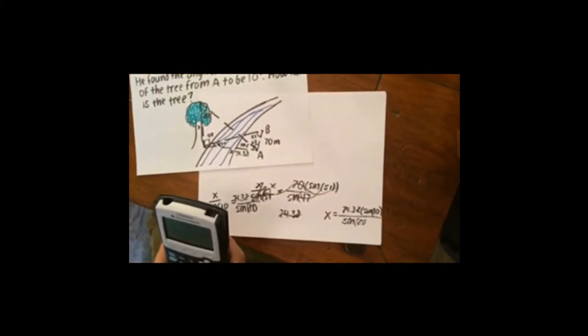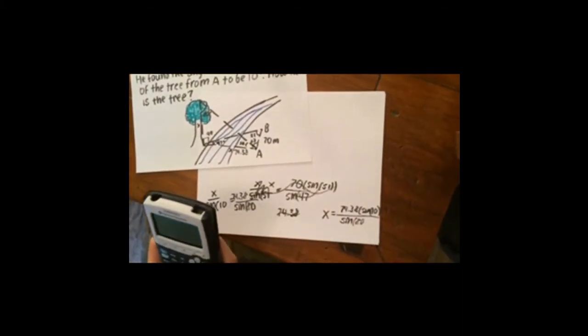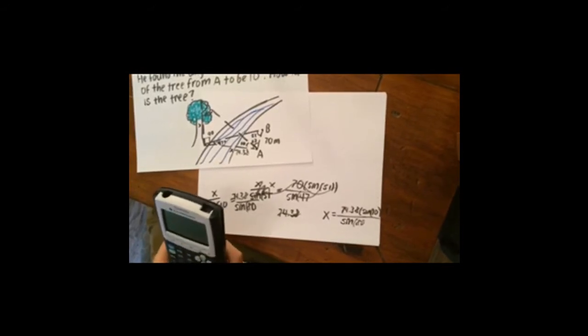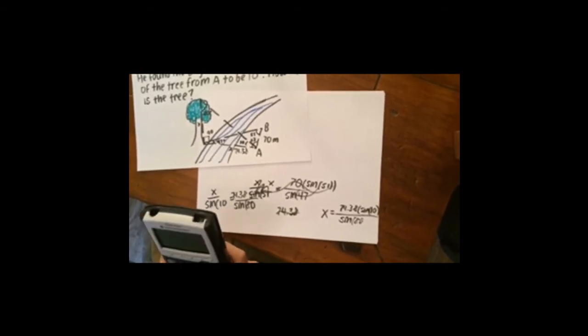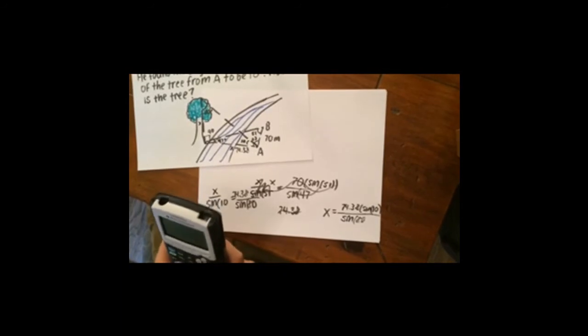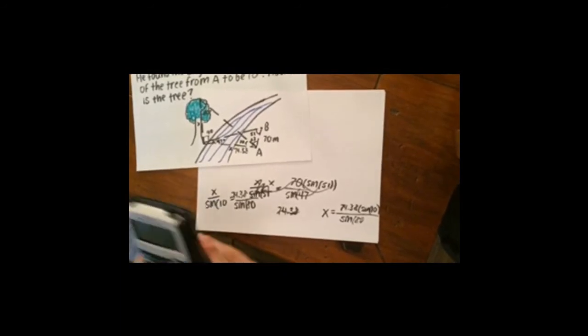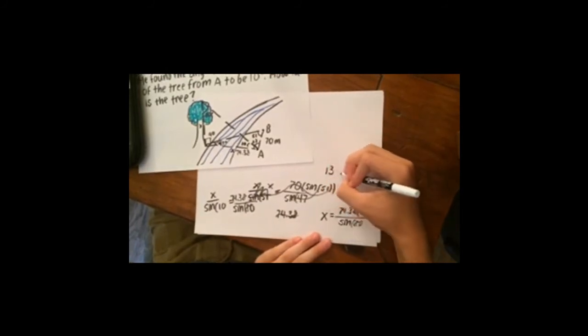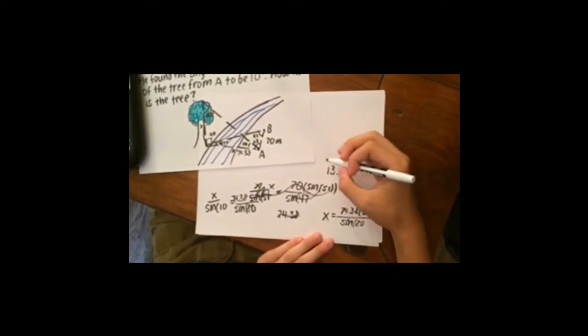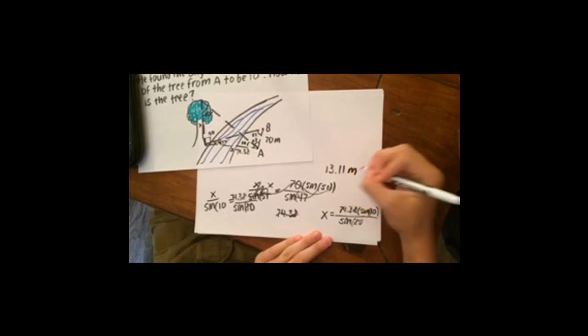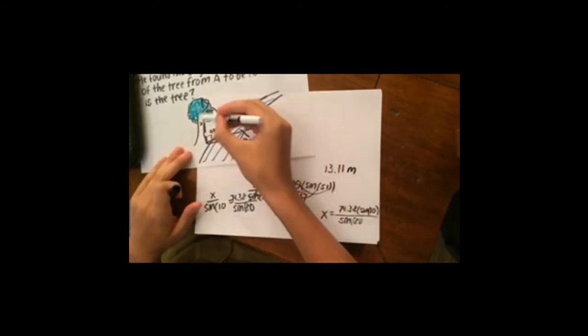Then you plug that into your calculator. 74.38 sine 10 divided by sine 80, you get 13.11 to be your answer, I guess meters, for the height of this tree.